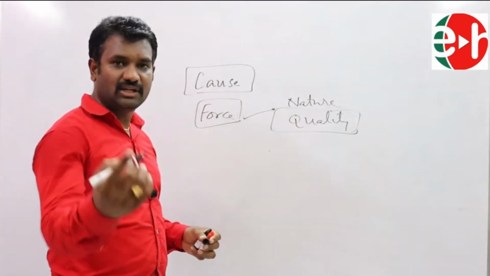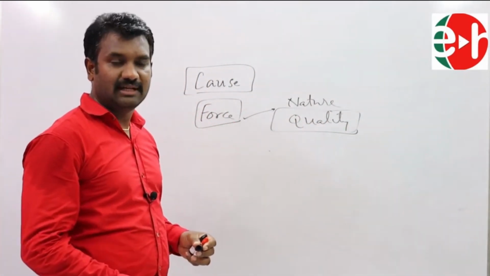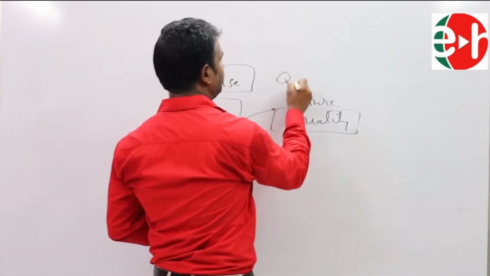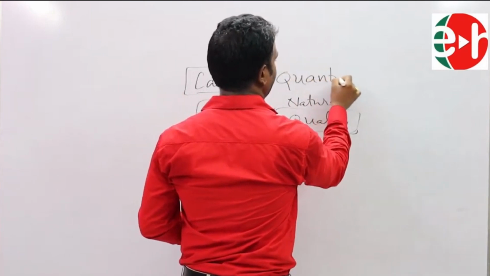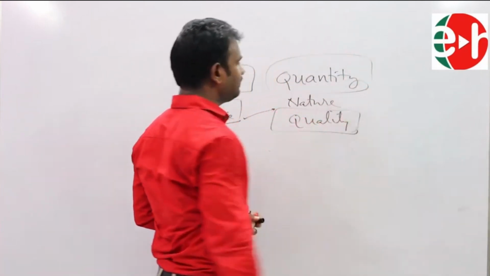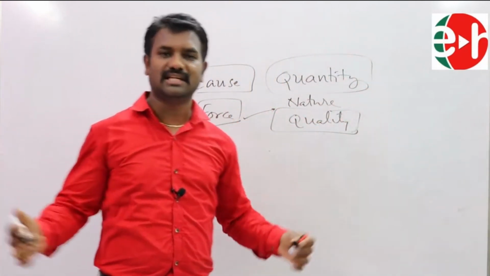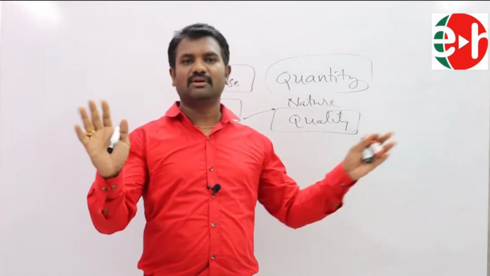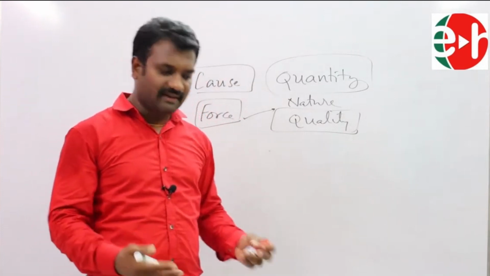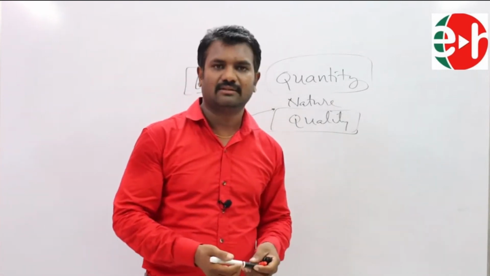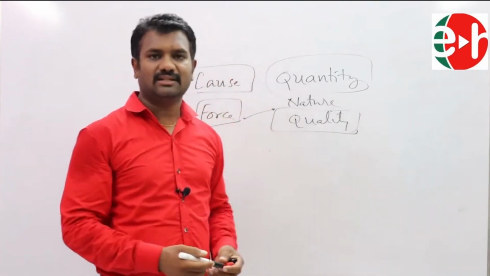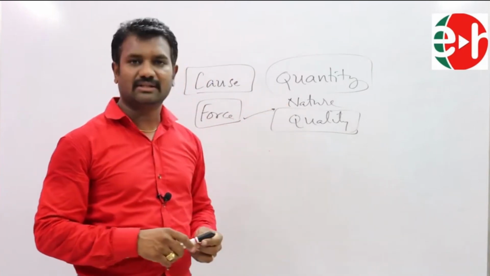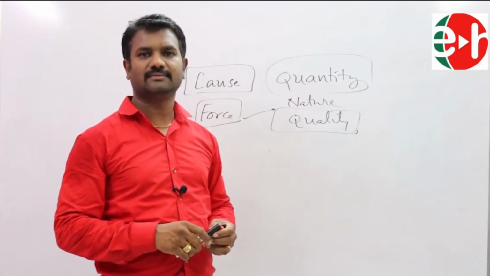I explained about the qualitative property, but I didn't discuss the quantity: how much force is required to move this wall, how much force is required to stop the bulldozer, how much force is required to lift the object. In this lecture, we are going to discuss the quantitative nature of the force.